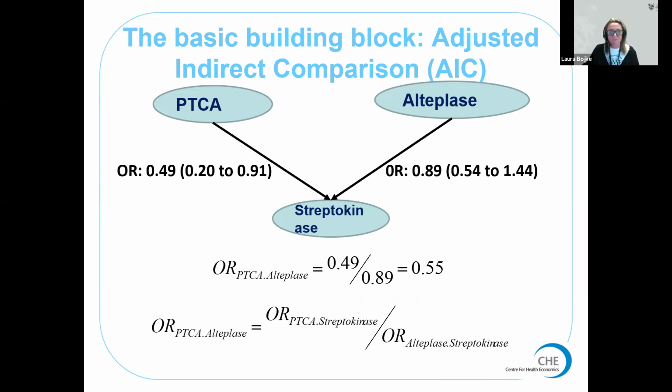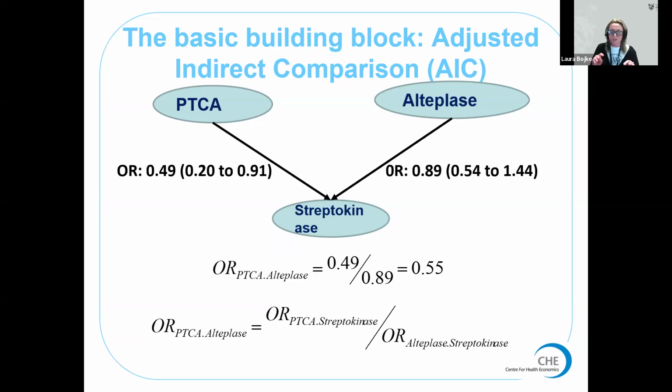So I've got an example here of 3 possible treatments. This is PTCA, alteplase, and streptokinase, 3 drugs that we're interested in knowing about their relative treatment effect. Here we have studies that allow us to calculate an odds ratio for PTCA versus streptokinase, and we have studies that allow us to calculate an odds ratio for alteplase versus streptokinase.